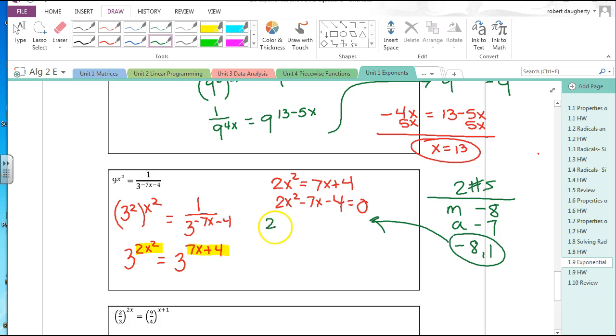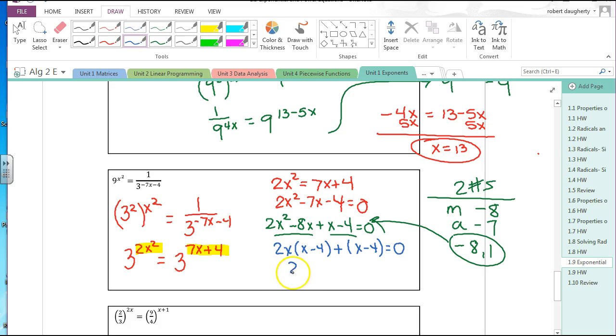So this is 2x squared minus 8x plus x minus 4 equals 0. And then I will look at this 2 by 2. What can I factor out of the first two? Yeah, 2x times (x minus 4) plus (x minus 4) equals 0.